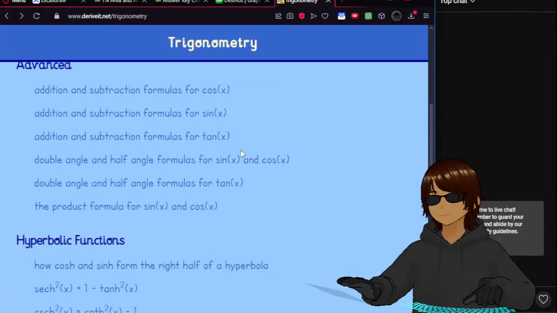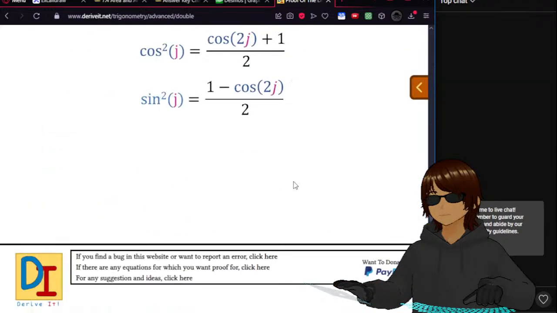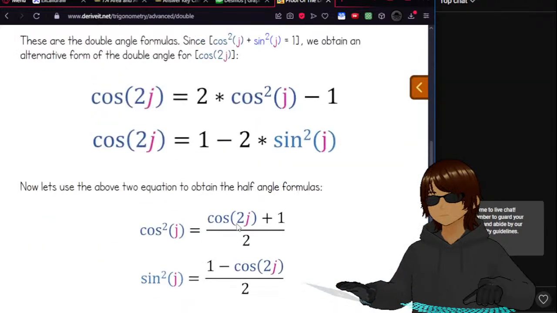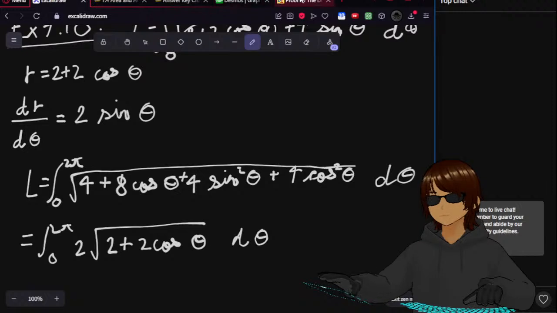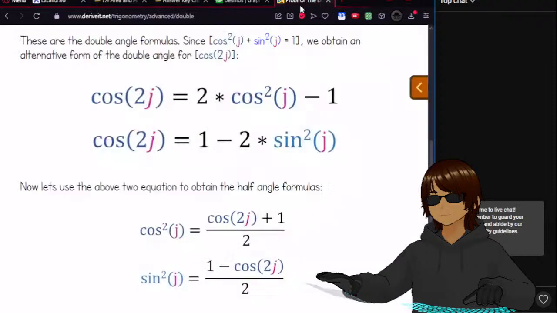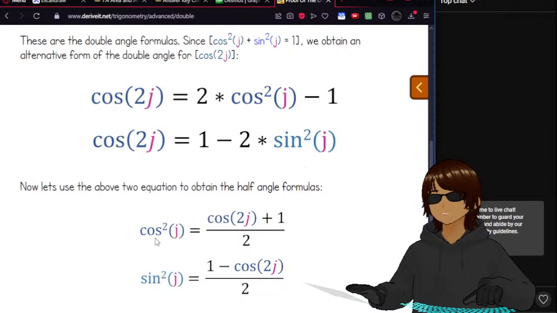Hold on. Four cos squared j is equal to 2 cos 2j plus 2.